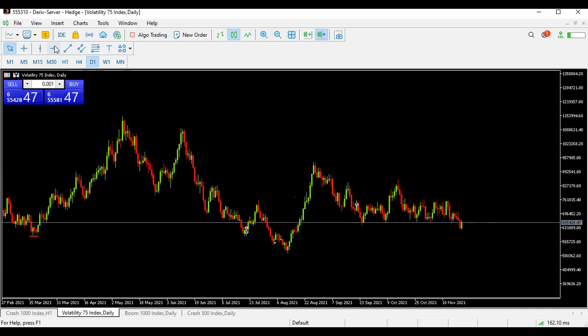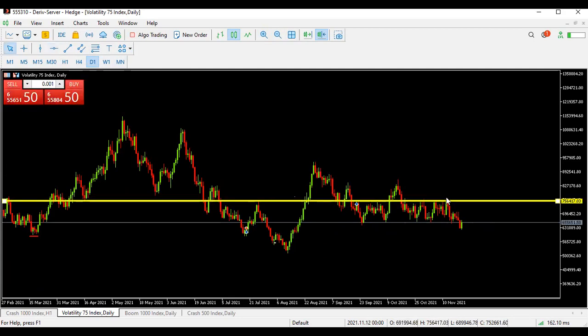Now, like I told you before, rule number 1, go to a higher time frame. And once you go there, you want to see where price has touched. At this point, this is where price has touched and bounced back. If you will agree with me that this place is a support, a resistance, let me just call it zones.